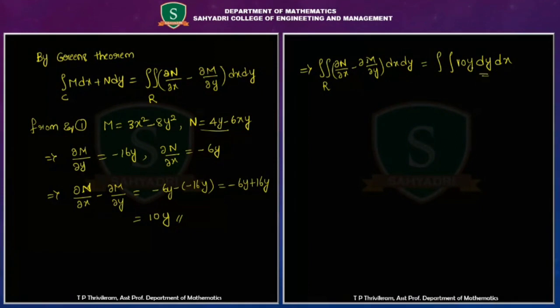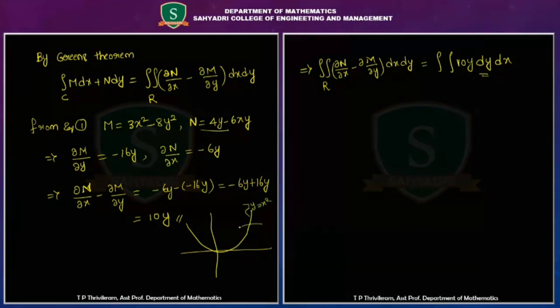Okay. So we need to find these limits. How to find these limits? Redraw the diagram which we have taken here. While doing line integration, what we did, we have drawn this y equal to x square and this is x equal to y square. Okay.